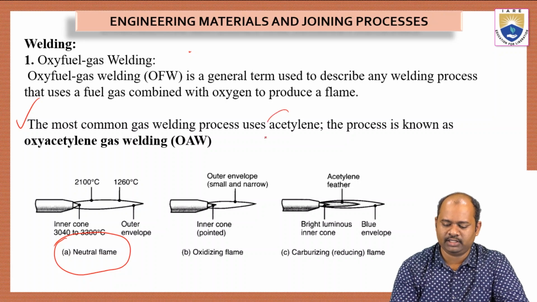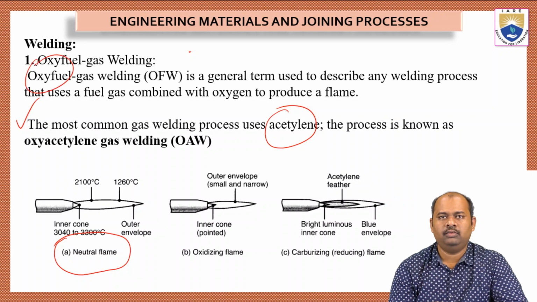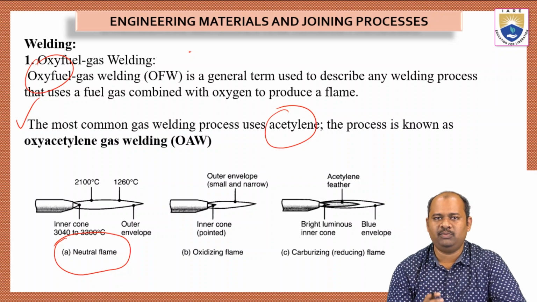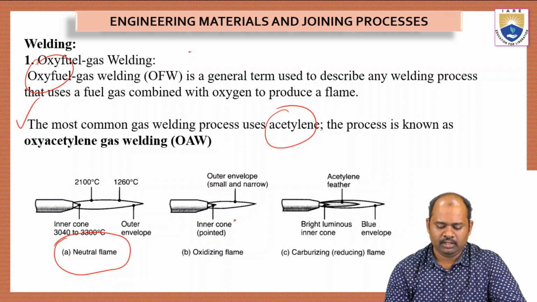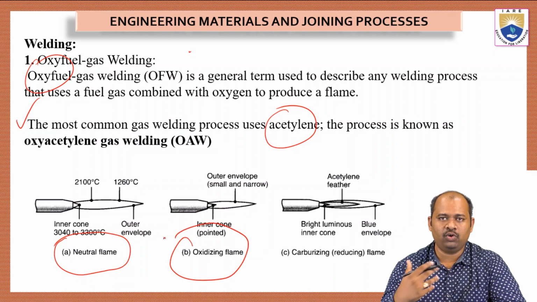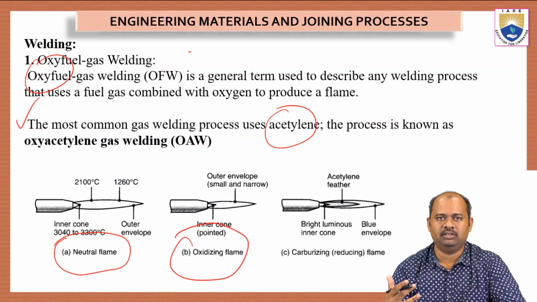Based on the percentage composition of these two gases, we can produce different flames. If both of them are equal, we get a neutral flame. The second type is the oxidizing flame, which contains more oxygen than acetylene. Simply, if the oxygen is more in the composition when the gases are combined in the torch, the flame that is produced is called an oxidizing flame.